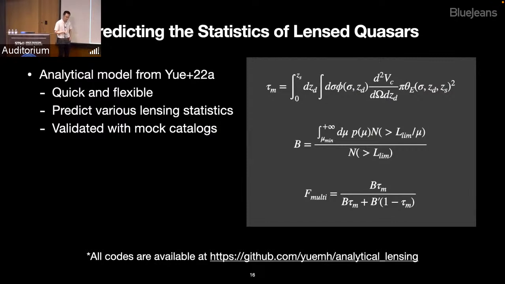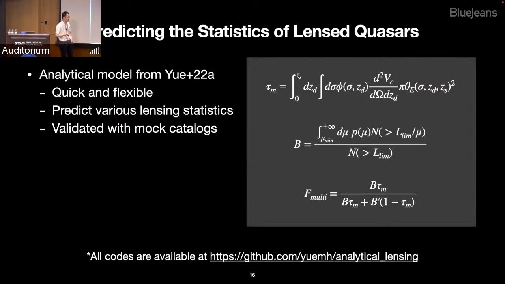By statistics, I mean not only the number of lens quasars you can detect, but also the distribution of lensing separation, the distribution of foreground galaxy redshift, etc. So I decided to write a simple piece of code to do this job, and it turns out it works pretty well. I can get all these statistics by running my code in 1 or 2 minutes, and I have validated this code against some mock catalogs to make sure that it works.